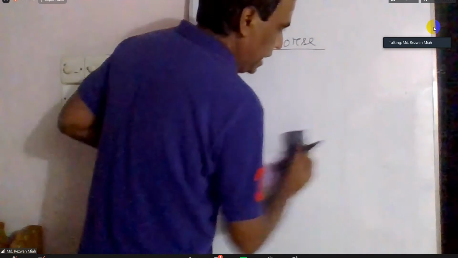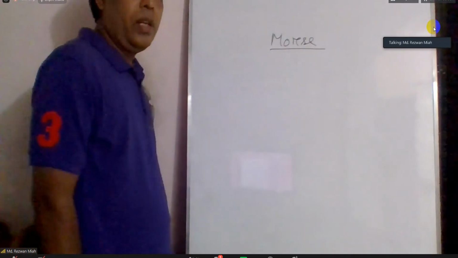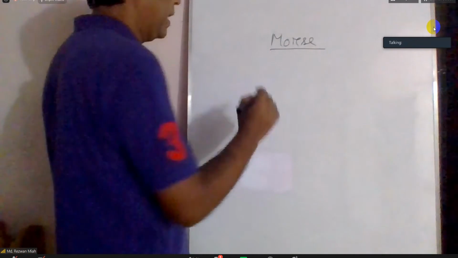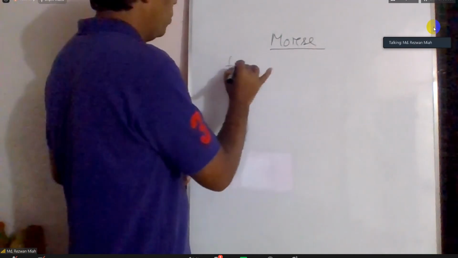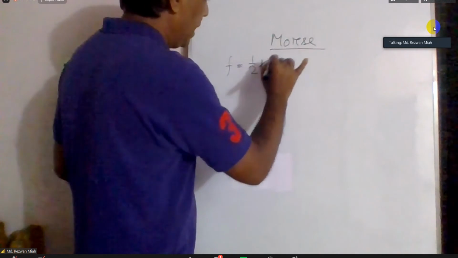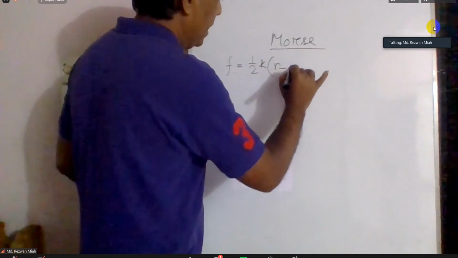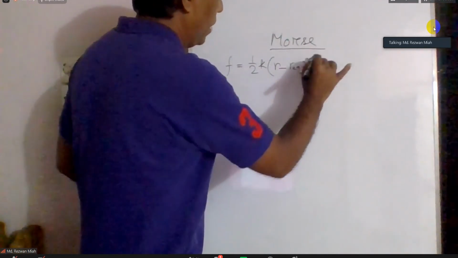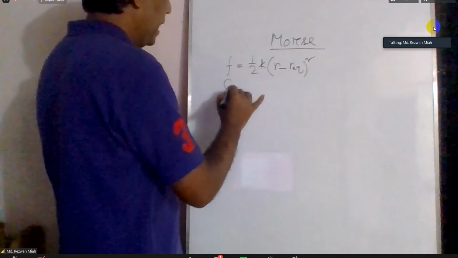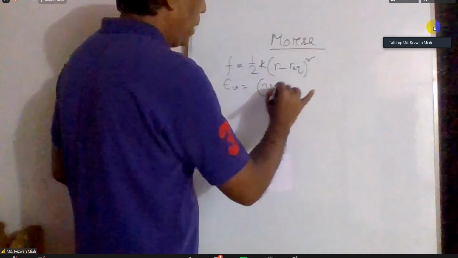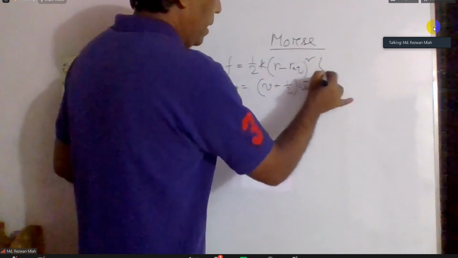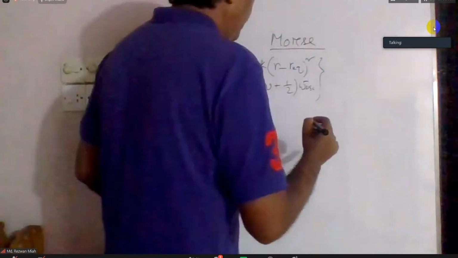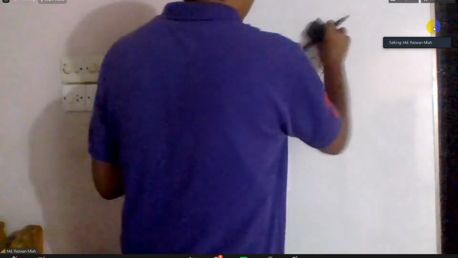modified the energy and force expressions for anharmonic cases. For the harmonic case, we discussed that the energy is equal to half k (r minus r equilibrium) squared, and the vibrational energy was (v + 1/2) ω̄.